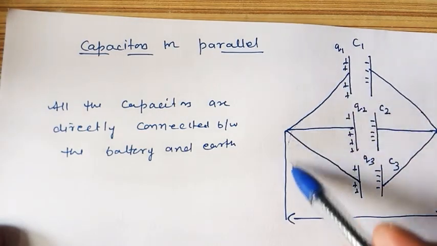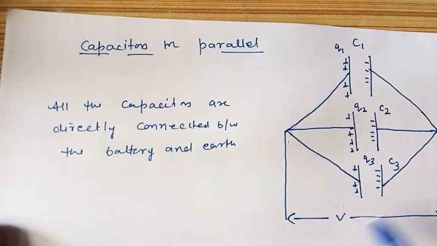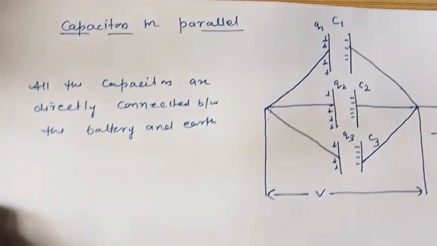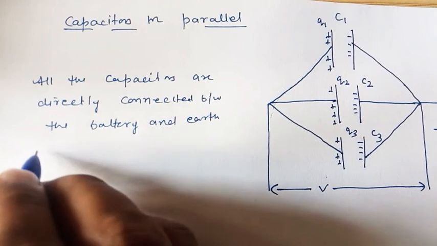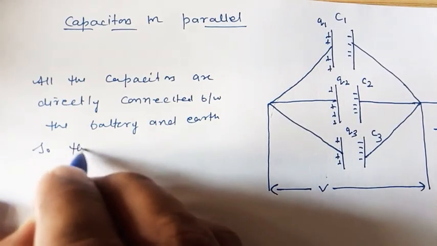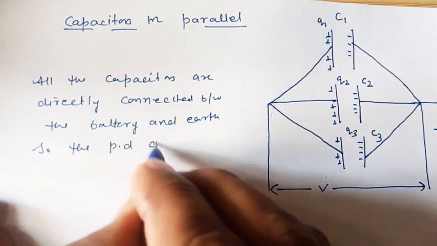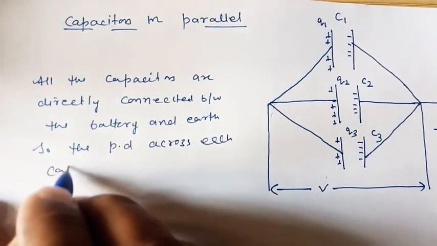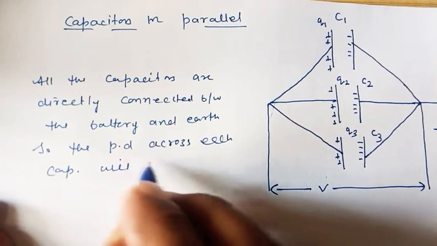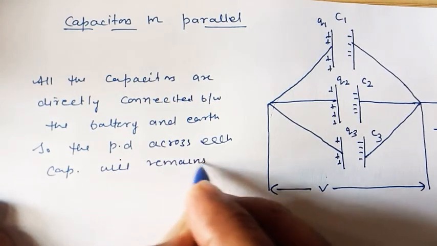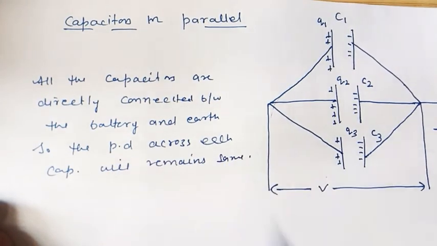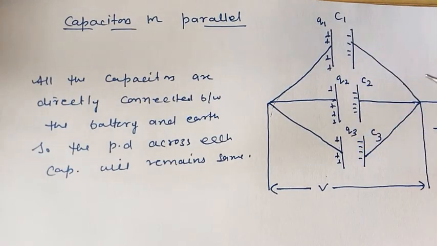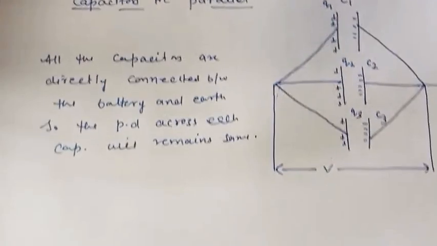This means, in this way they are connected to the battery, and here they are all connected to earth, right? So the potential difference across each capacitor will remain the same, but these capacitors are of different capacitances, so the charge stored on them differs.